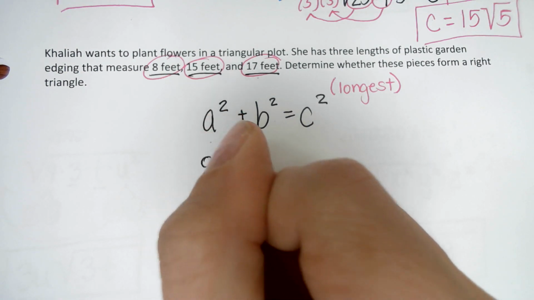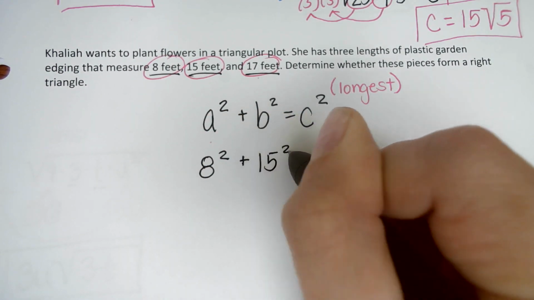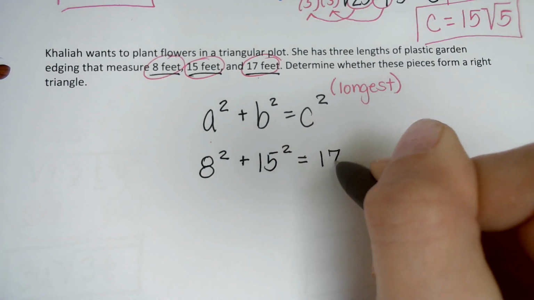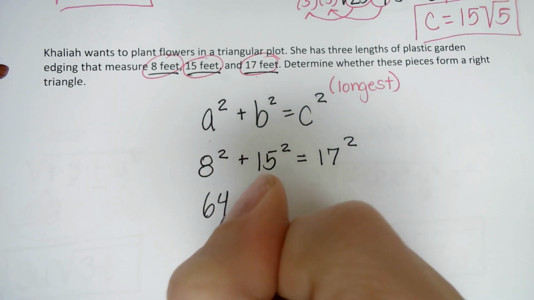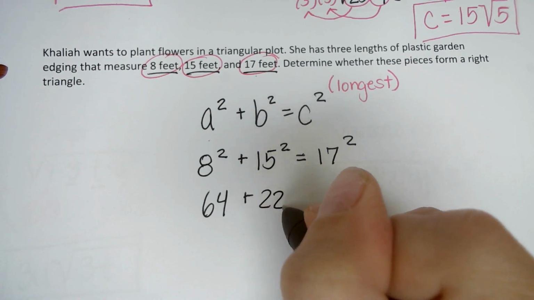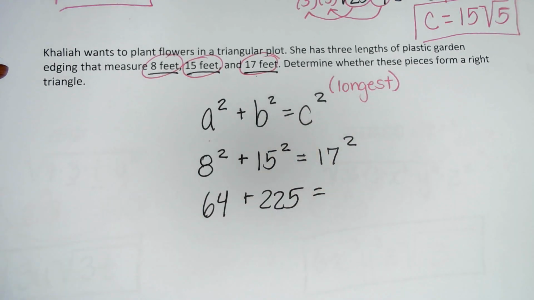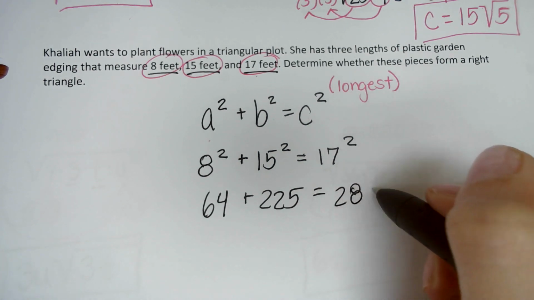So we could rewrite this as 8 squared plus 15 squared equals 17 squared. Now 8 squared is 64. 15 squared is 225. And 17 squared is 289.